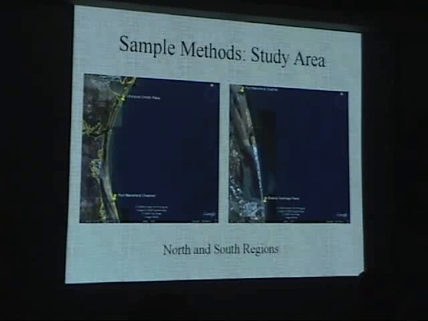And then my south region is from Port Mansfield south to the Brazos-Santiago Pass, which is right there at Port Isabel. With the differences between the areas that I'm sampling, the raking regimes are a little bit different that they use on South Padre Island versus here on North Padre Island. So I'm going to take that into account and hope to see some differences there as well.